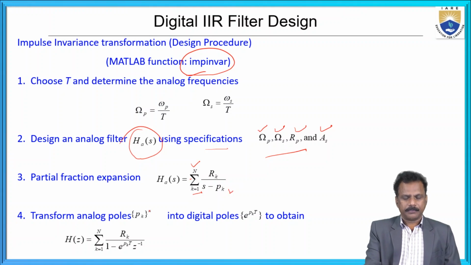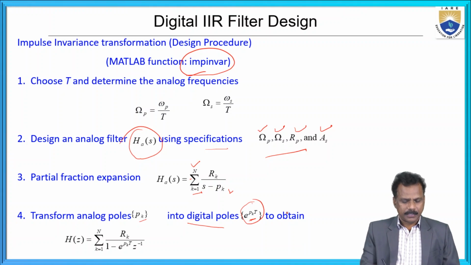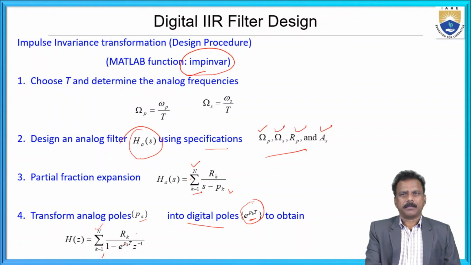If you want to evaluate, transform the analog poles pk into digital poles e power pk T to obtain H of z, the summation k equal to 1 to N of rk by 1 minus e power pk T z power minus 1. Like this is the impulse invariance transformation design procedure.